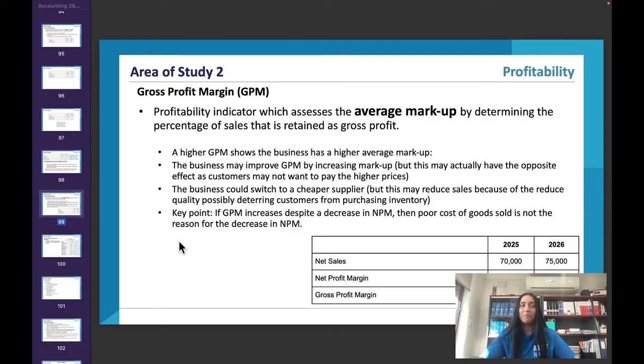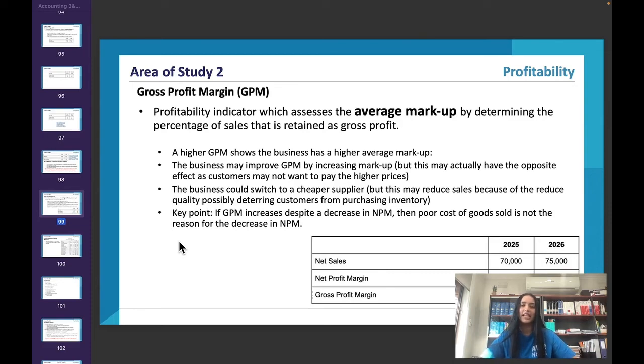However, markup is a very tricky thing, because it's good to have a higher markup and to earn more for your inventory, but sometimes if you increase your markup by too much, you might lose a lot of customers. If you have loyal customers who've been paying, say, $10 for each item of inventory, and then one day they come into your store and the inventory is $20, they're going to say, why would I continue to shop here and pay double the amount I was paying previously when I can just go find a cheaper store?